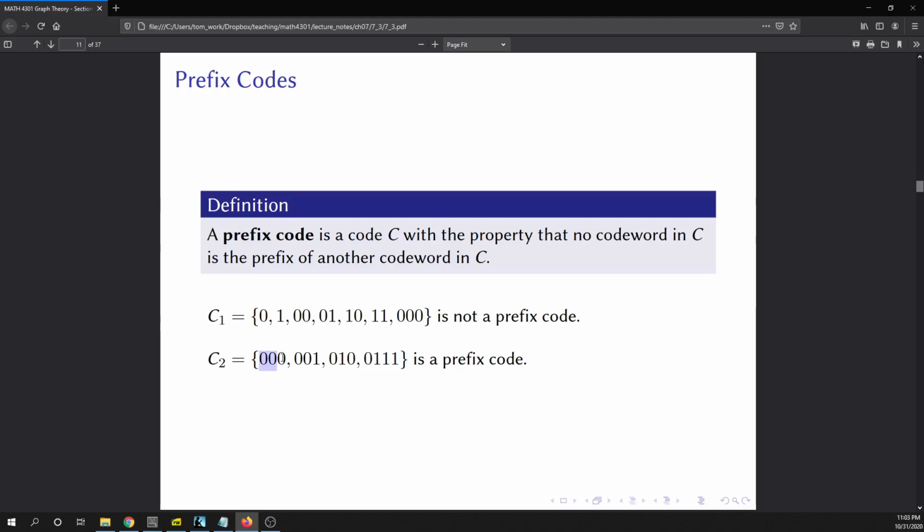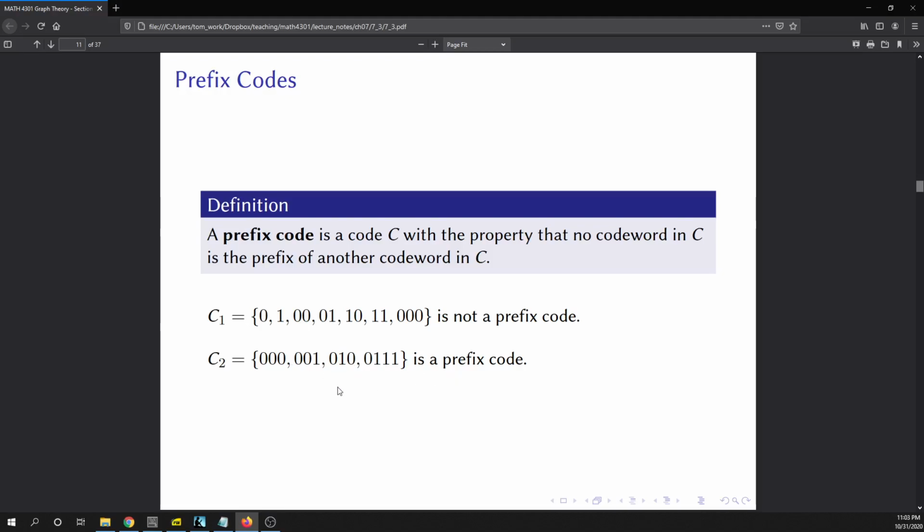This 0, 0, 0 does not appear at the beginning of any of these other code words, and you can check each one. 0, 0, 1 doesn't begin with 0, 0, 0, neither does this, neither does this. 0, 1, 0, none of the other ones begin with 0, 1, 0. And so this is a prefix code.